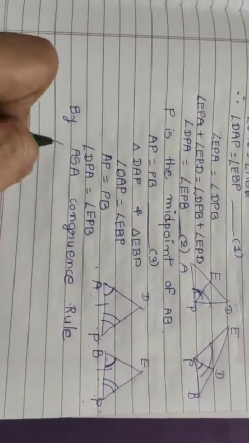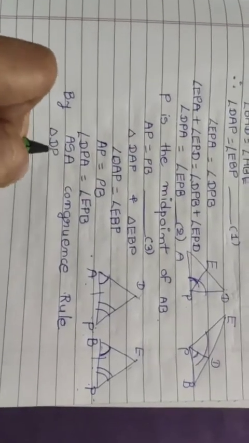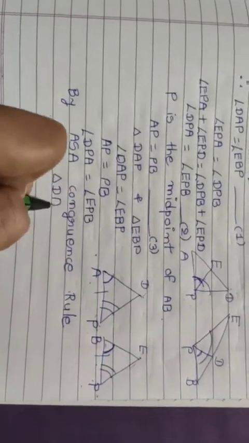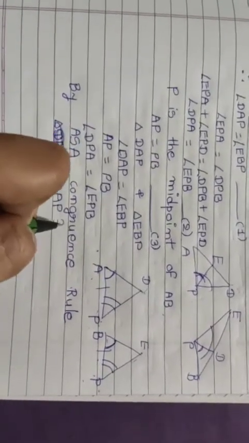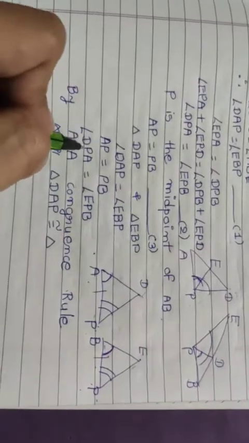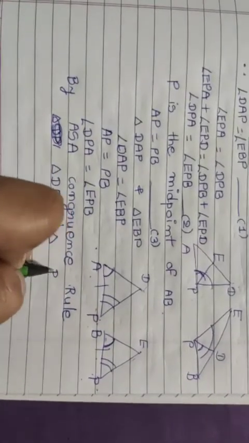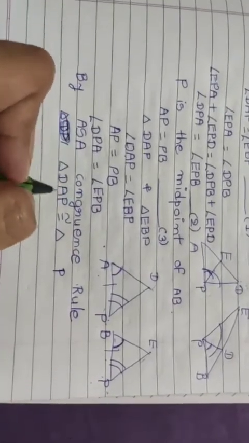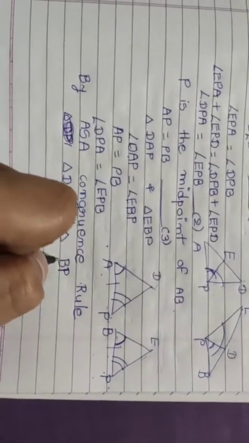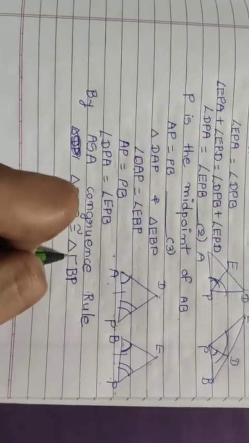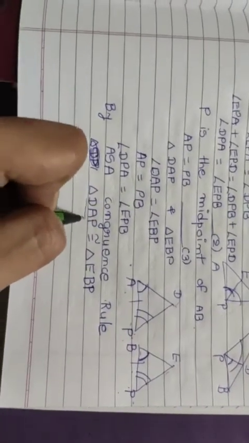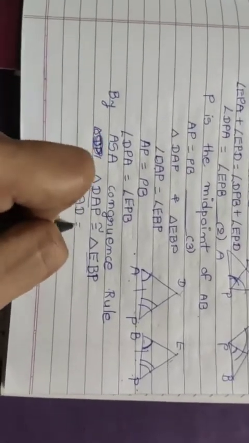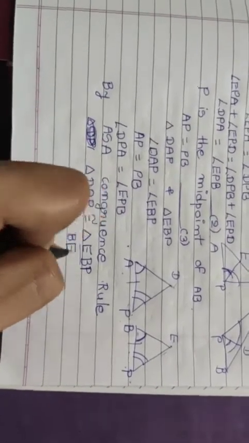Triangle DPA, or it is written as DAP, so we will write DAP is congruent to, P it is P, so last one it is P, A it is B, so we have to write B here, and remaining is E. So we can see that DA is equal to EB, that means AD is equal to BE by CPCT.